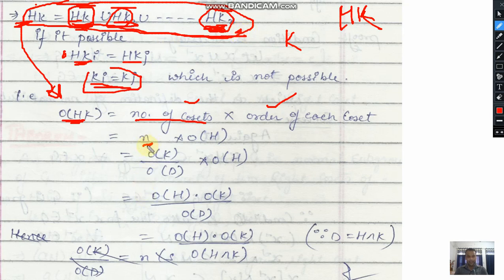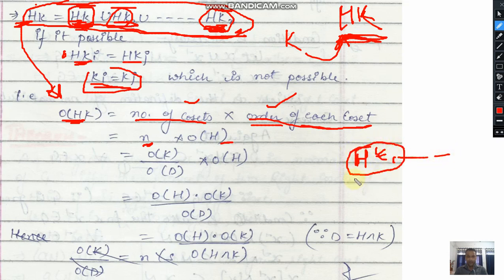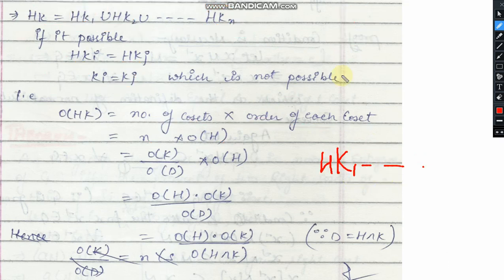So the number of cosets is n, into the order of each coset, because each coset is formed from subgroup K and their subgroup H, and no new element will be generated which is not available in H. So the order of each coset will be equal to H. When you are multiplying H by its elements K1, K2, K3 and so on, no new element will be generated.